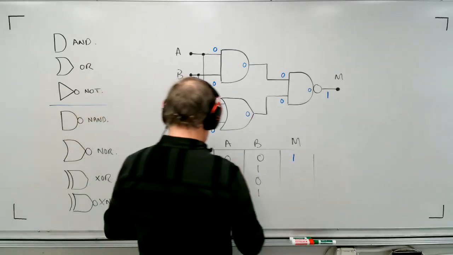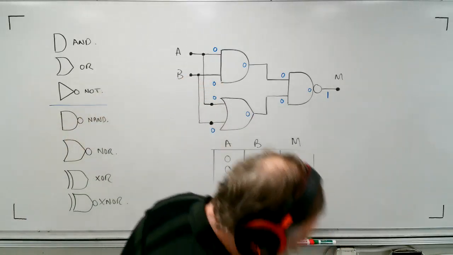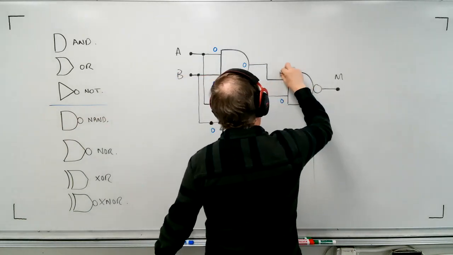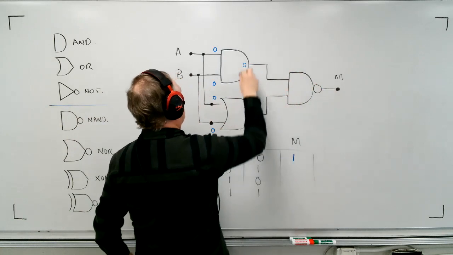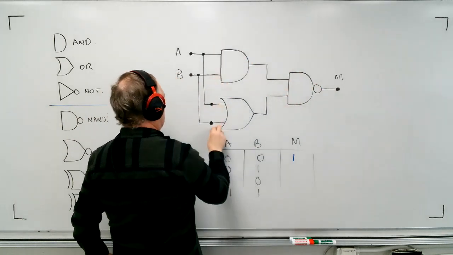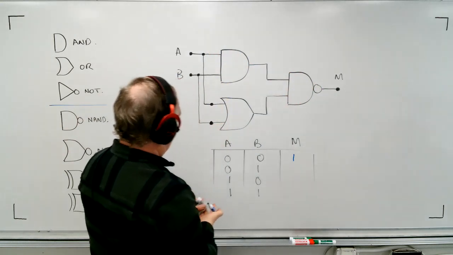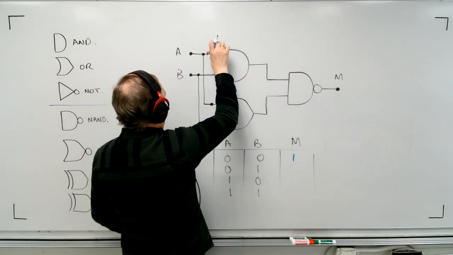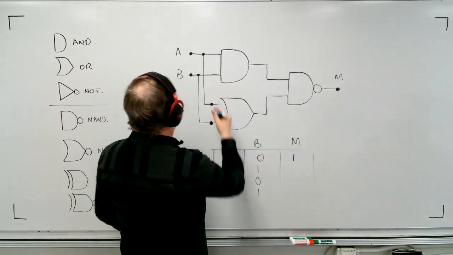Now, I'm going to clear those away. And then what I'm going to do is I'm going to give you the next condition, 0 and 1.